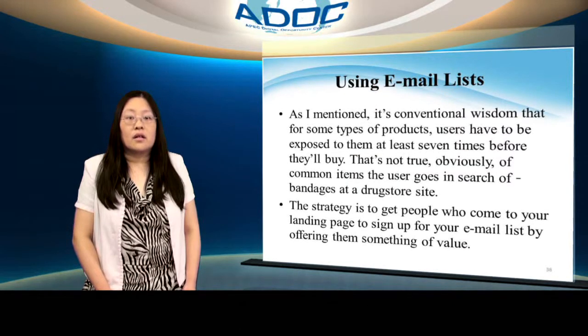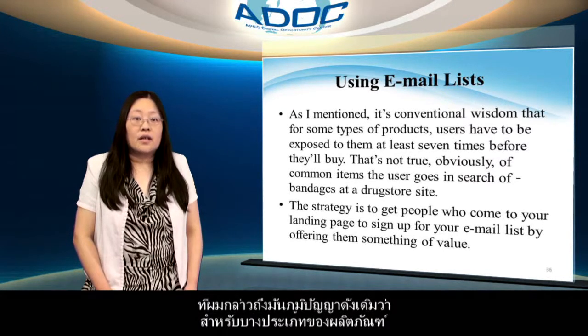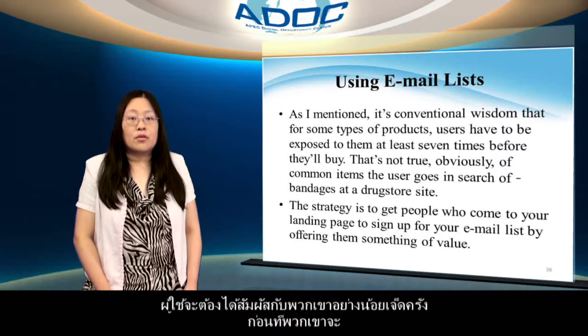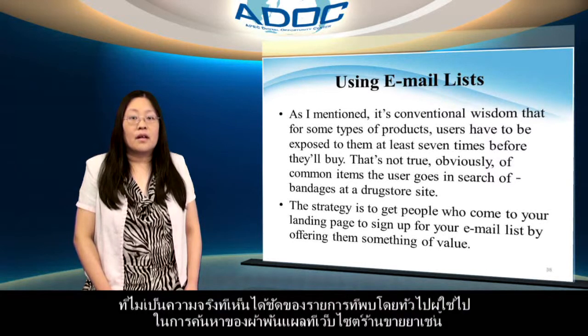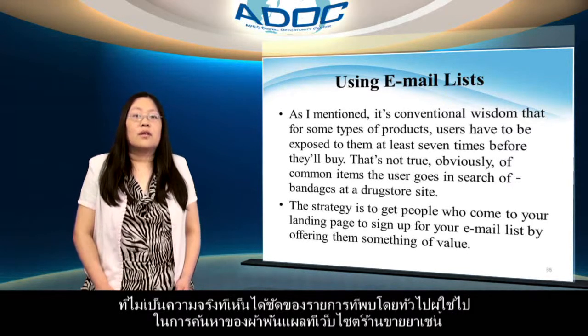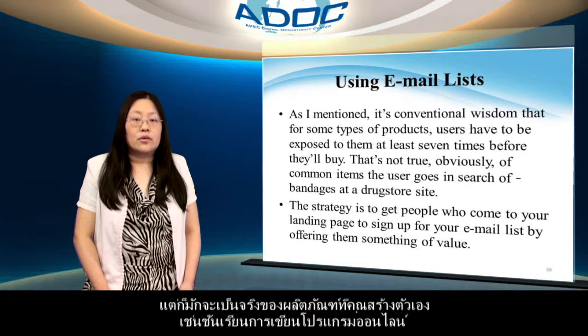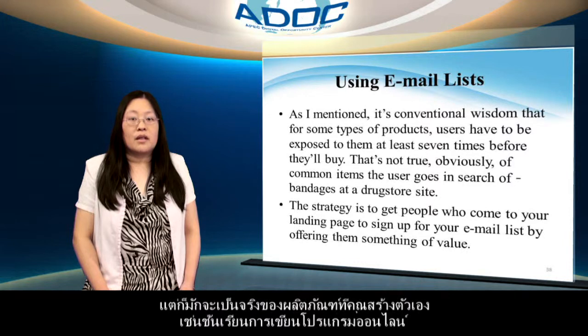Using email lists, as I mentioned, it's conventional wisdom that for some types of products, users have to be exposed to them at least 7 times before they buy. That's not true of common items that the user goes in search of, such as items at a drugstore site, for example, but it's often true of products you create yourself, such as online programming classes.